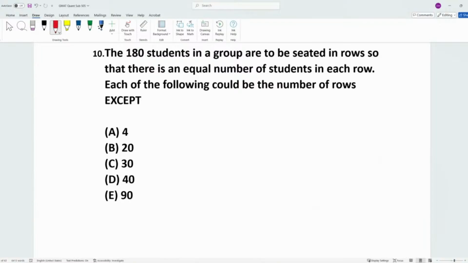So we need to find in the answer choices which one cannot be the number of rows. So our answer must not be a divisor of 180. If it is a divisor of 180, then this is not the answer that we are looking for.